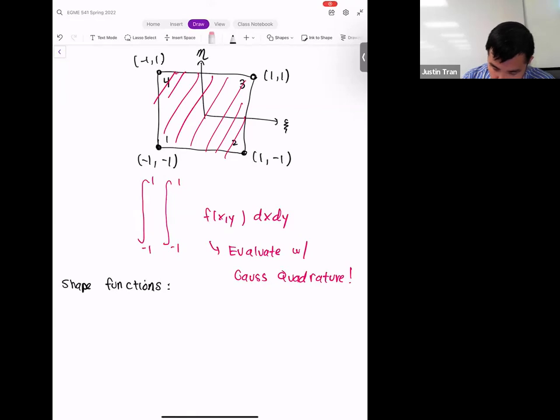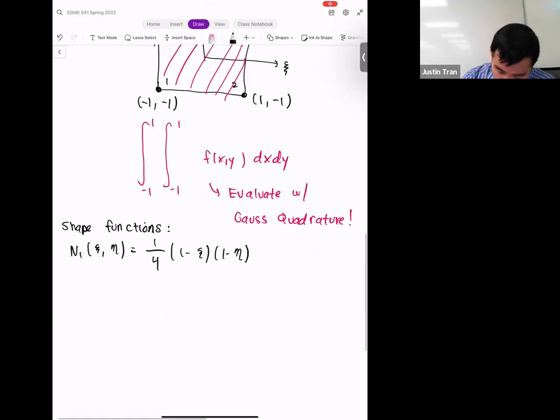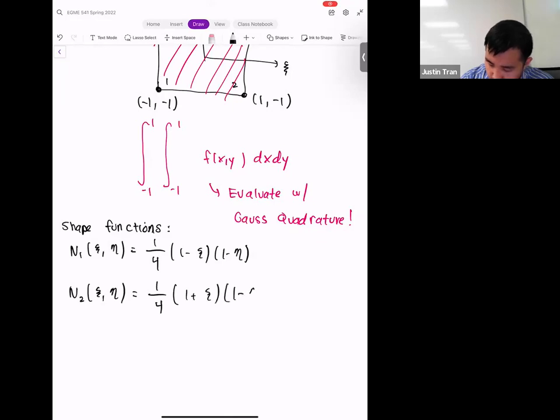So we have N1 of epsilon and eta equal to 1 over 4, 1 minus epsilon, 1 minus eta. N2 of epsilon and eta is equal to 1 over 4, 1 plus epsilon, 1 minus eta.